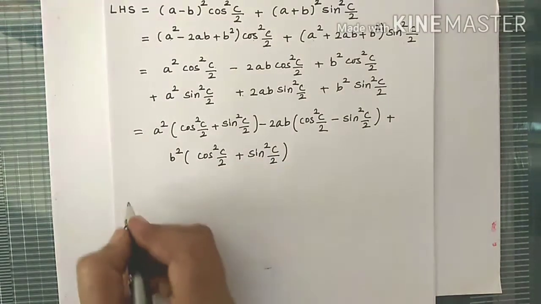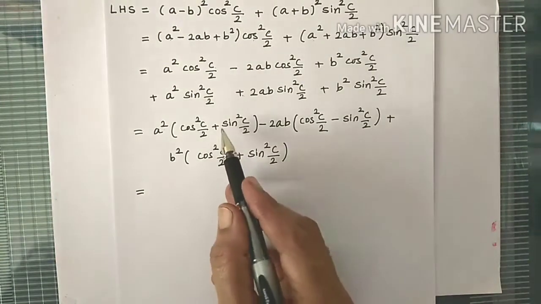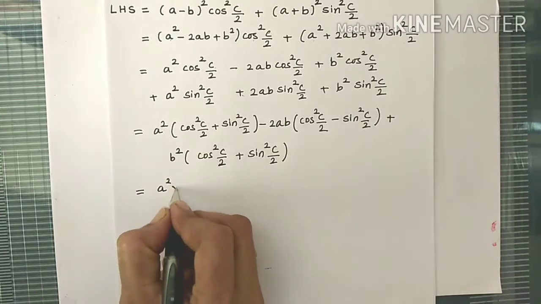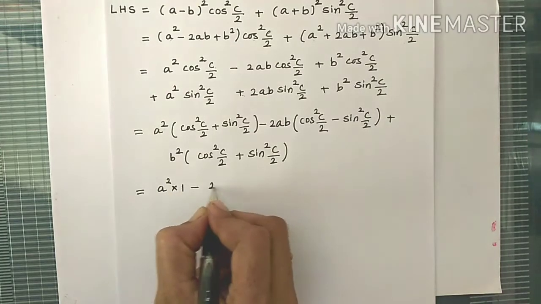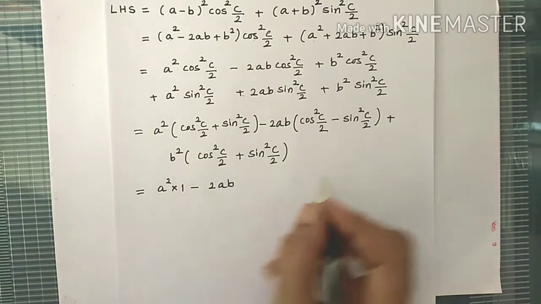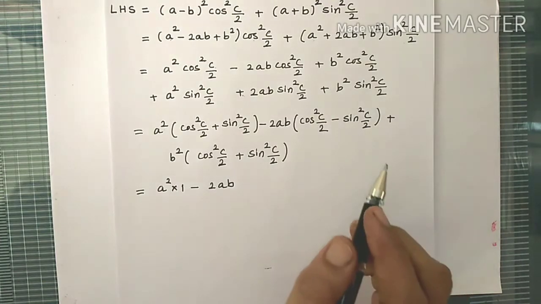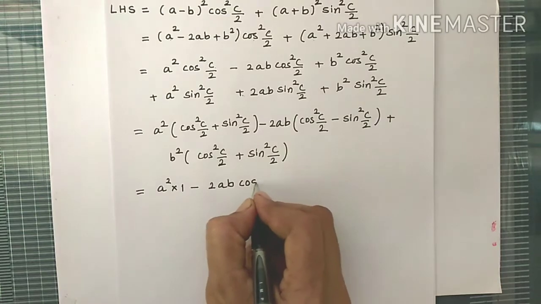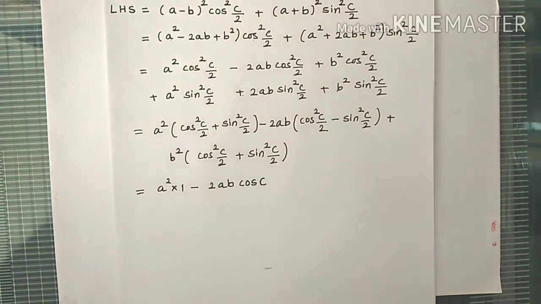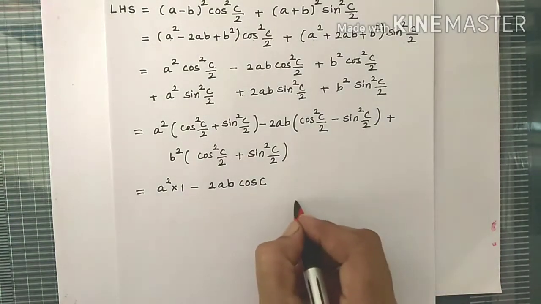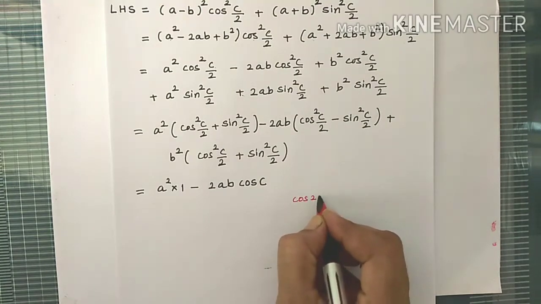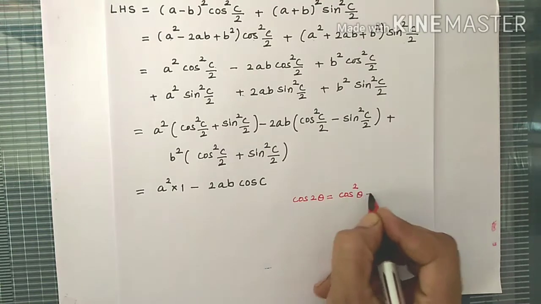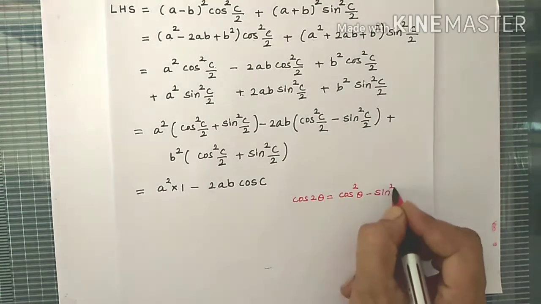Okay. Now writing these two brackets as 1, we get a square into 1 minus 2ab. Now cos square C by 2 minus sin square C by 2 is the formula of cos C. Cos 2 theta is cos square theta minus sin square theta.